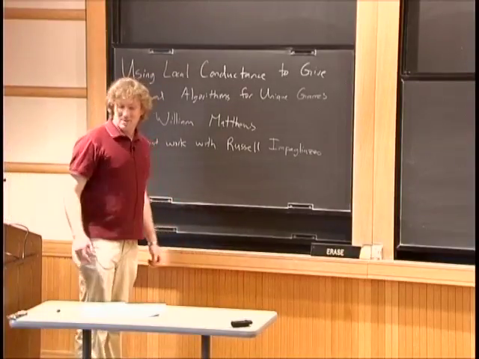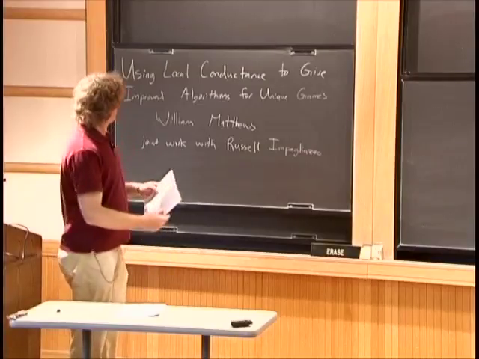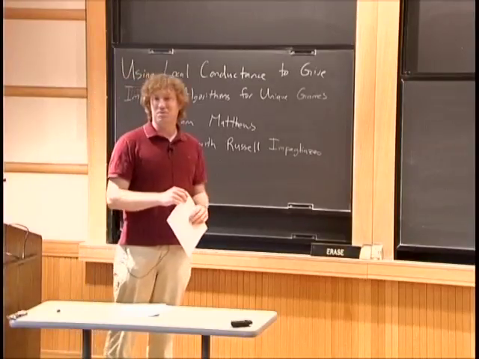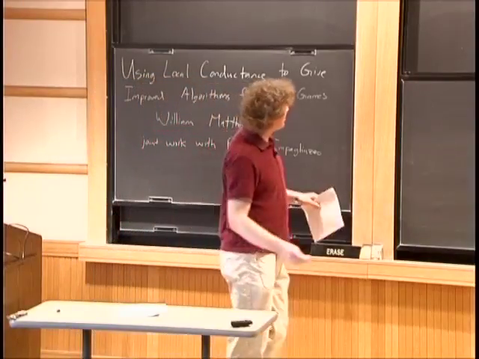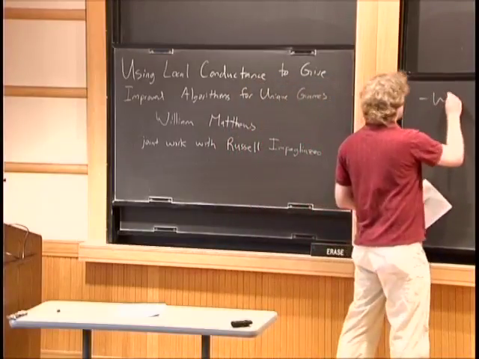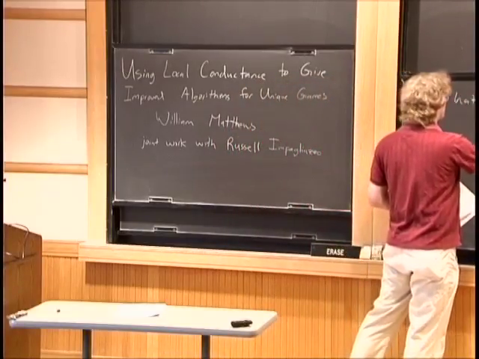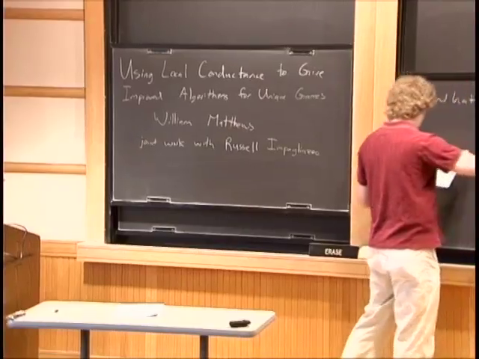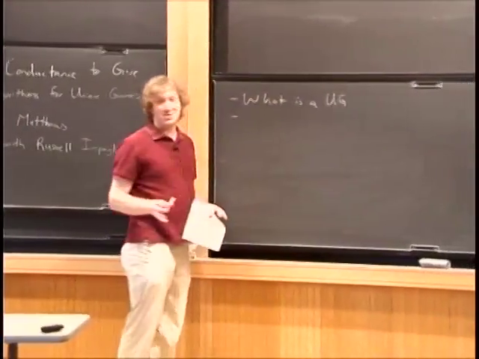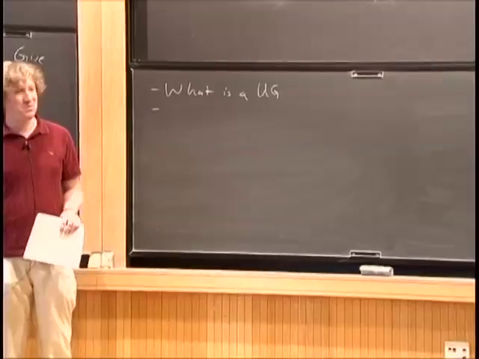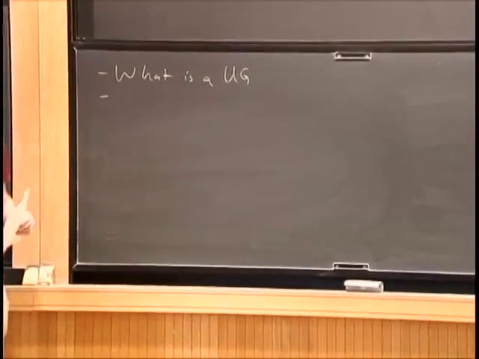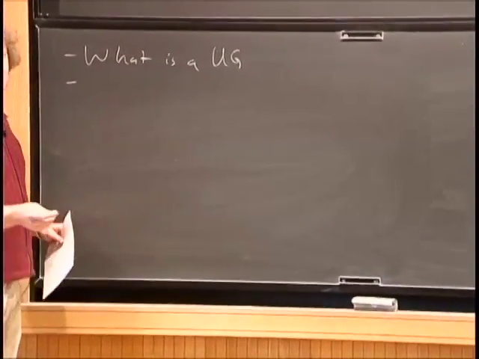Okay, so let me start with an overview of what I'll talk about. First, what is a unique game? And then, since the talk is on algorithms for unique games, what's the current state of the world as far as unique games algorithms?